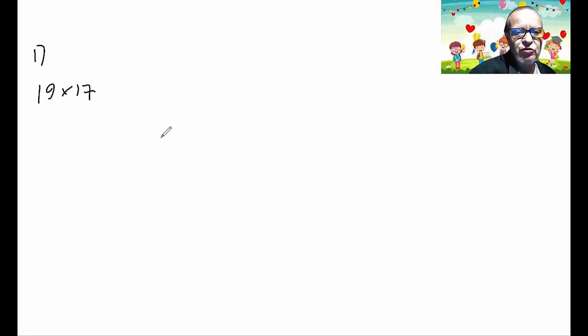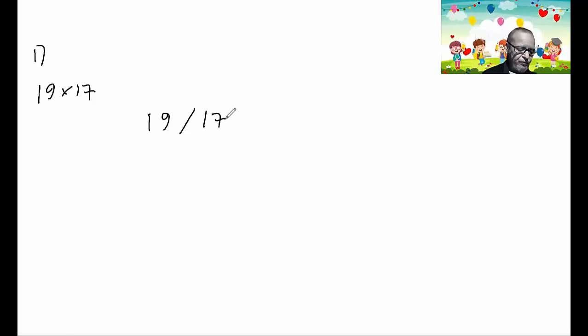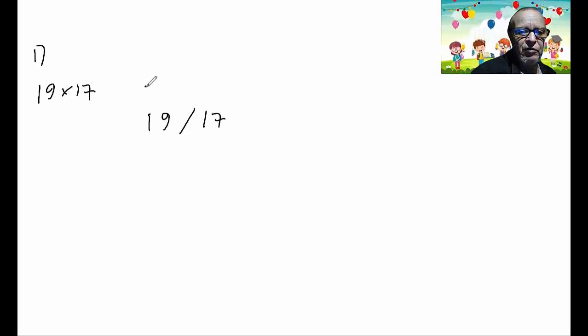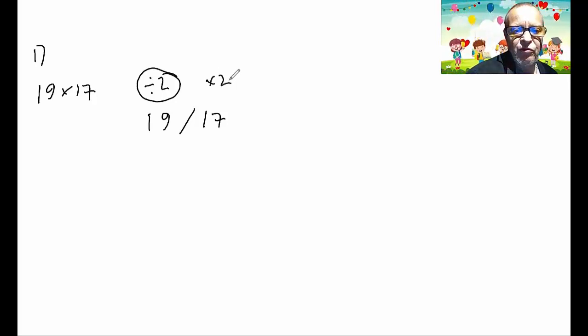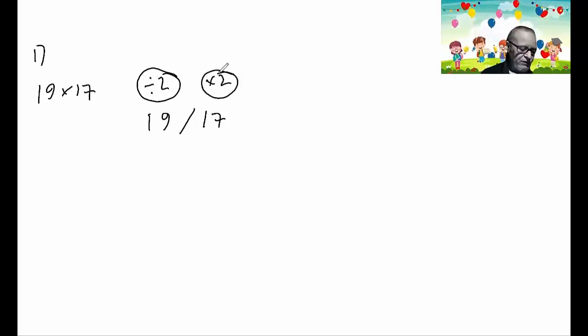I'm going to put 19 and a little bar here, 17, to just separate the two. I'm going to divide by 2 on this side with the 19, and multiply by 2 on this side for the 17.